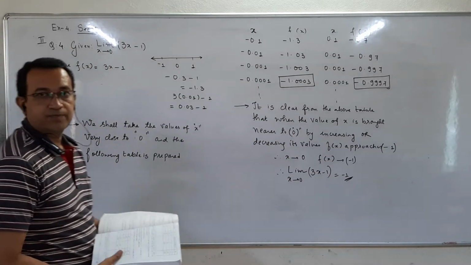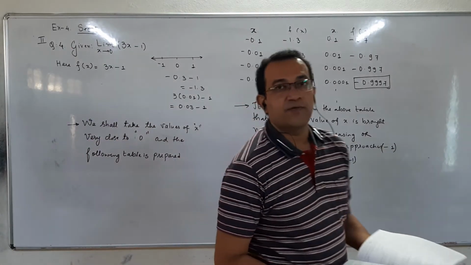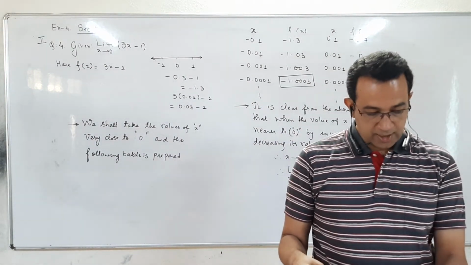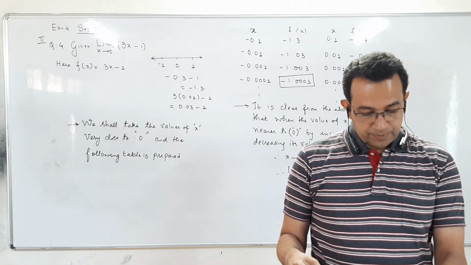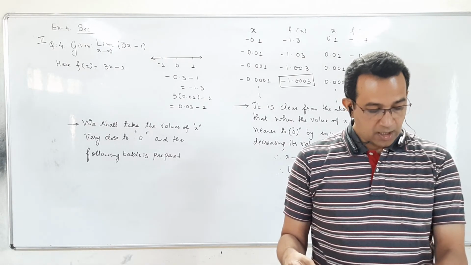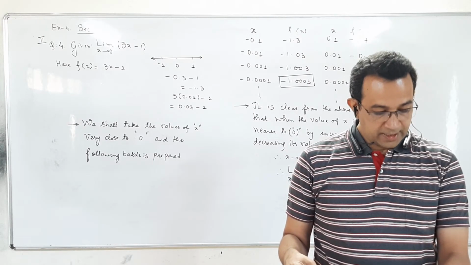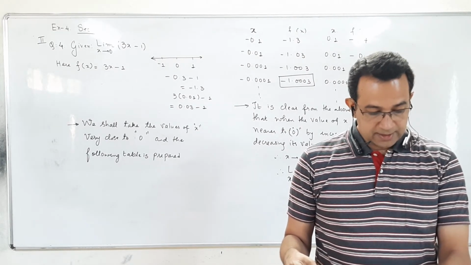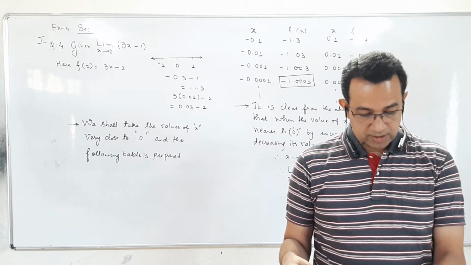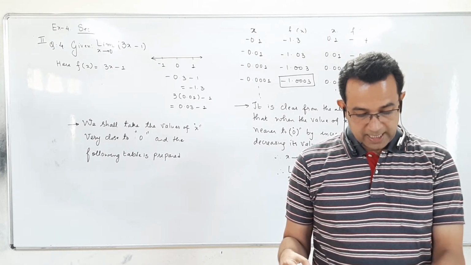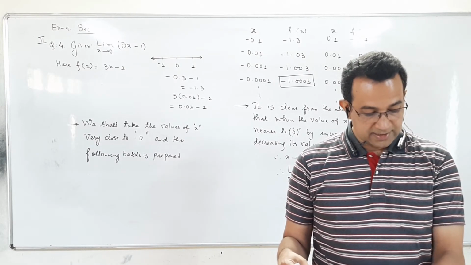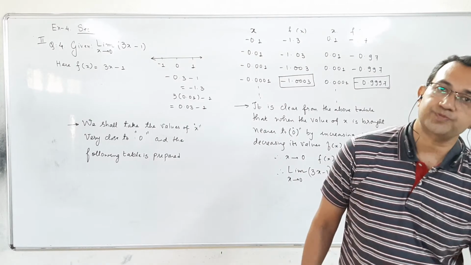So in general, what we are telling, the function f of x has a limit L as x tends to a if for each given predetermined epsilon greater than 0, however small, we can find delta such that mod f of x minus L less than epsilon, then for all x such that mod x minus a less than delta.